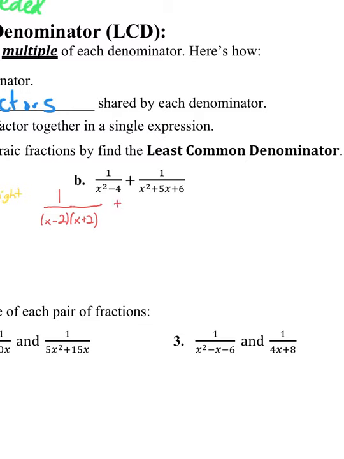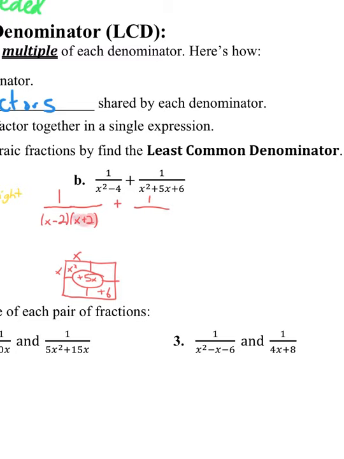Now the second one, x squared plus 5x plus 6. So on that one, let's see. I'm hoping there's an x plus 2 in this one, just because I want to see that they share something in the denominator.